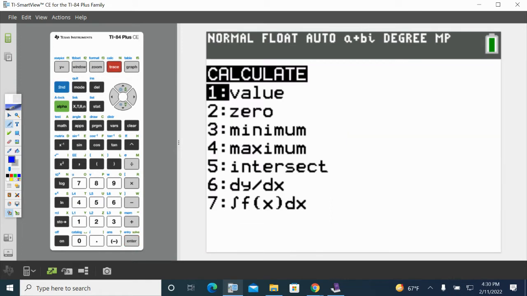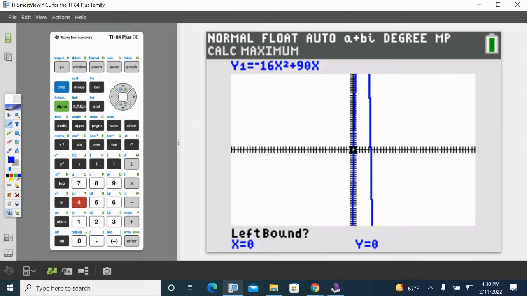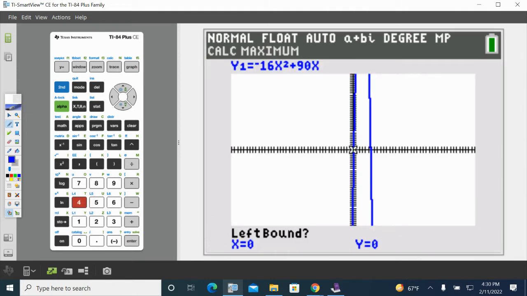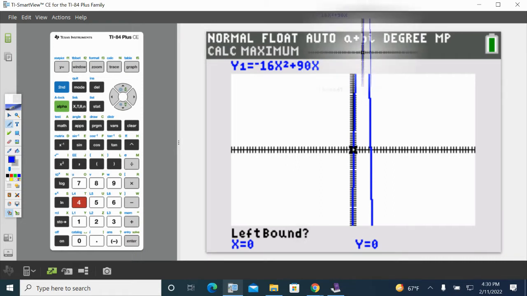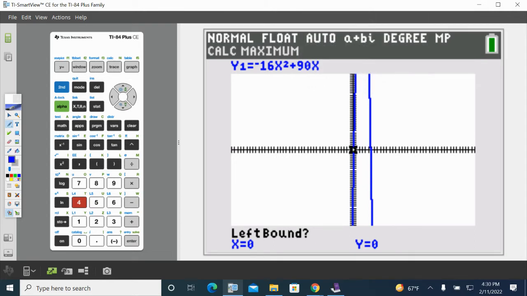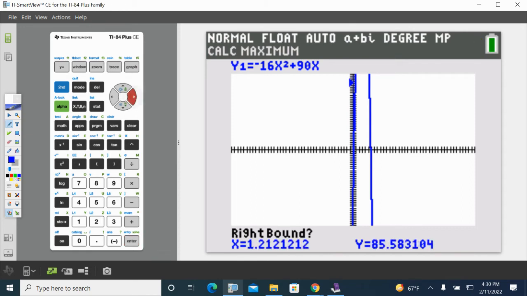Second trace, that menu here is going to allow you to find the maximum point. So I'm going to select number 4. And then you'll notice at the bottom of the screen it says left bound. So we want to make sure that the cursor is on the left side of that top point. Well, if my top point's way up here somewhere off the screen, my cursor's on the left. I'm going to hit enter. And now it says right bound.